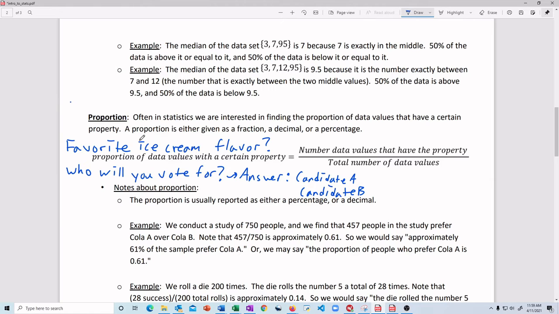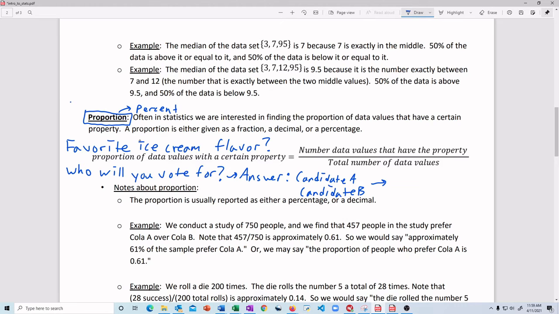It doesn't make sense. So what I do is I calculate the proportion. What we do is we pick one specific answer. Oftentimes you'll just think percent. It's totally fine to replace this word in your head right now with percent or percentage.